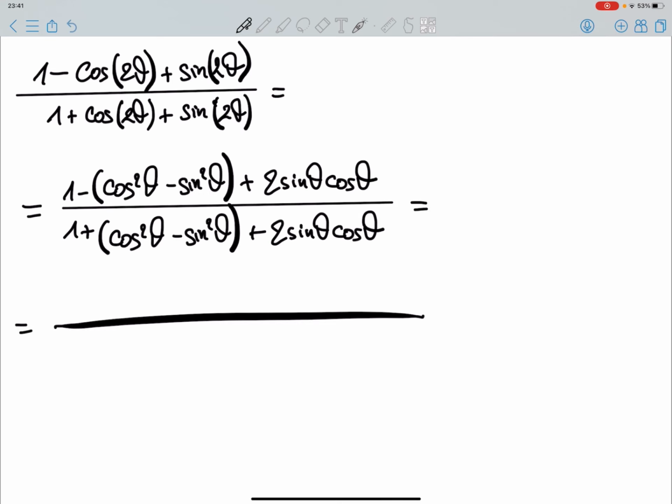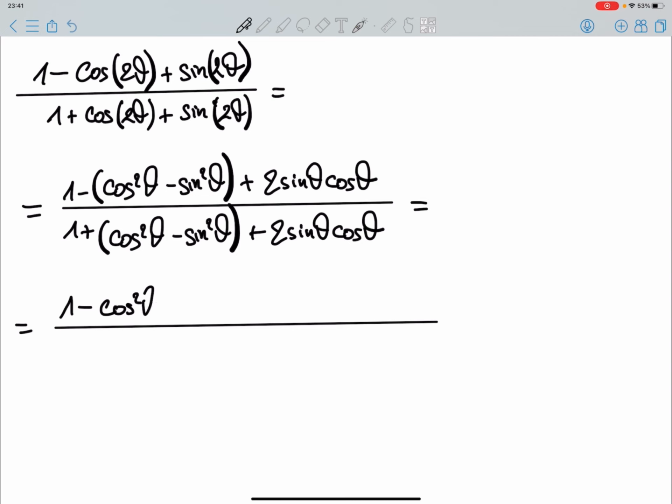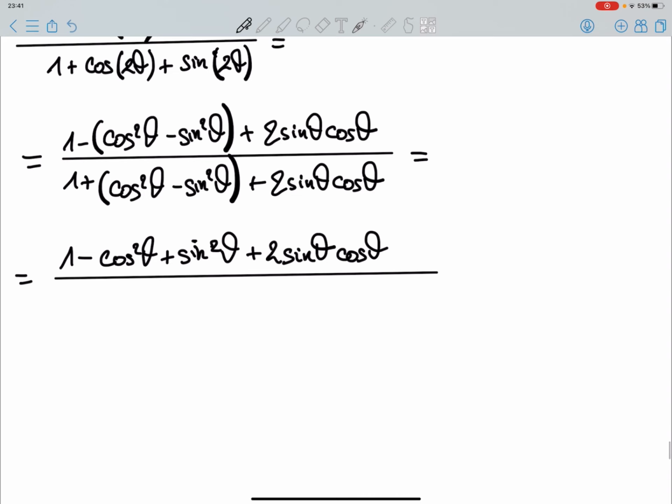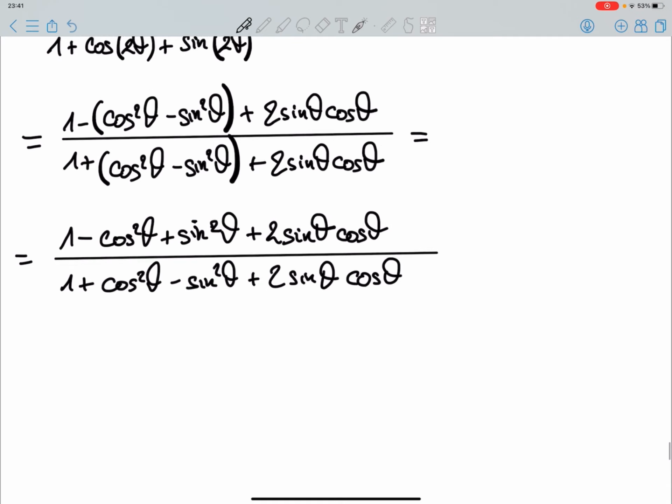So on the numerator we have 1 minus cos square of theta plus sine square of theta plus 2 sine of theta cos of theta, and on the denominator we have 1 plus cos square of theta minus sine square of theta, then plus 2 sine of theta cos of theta, right?